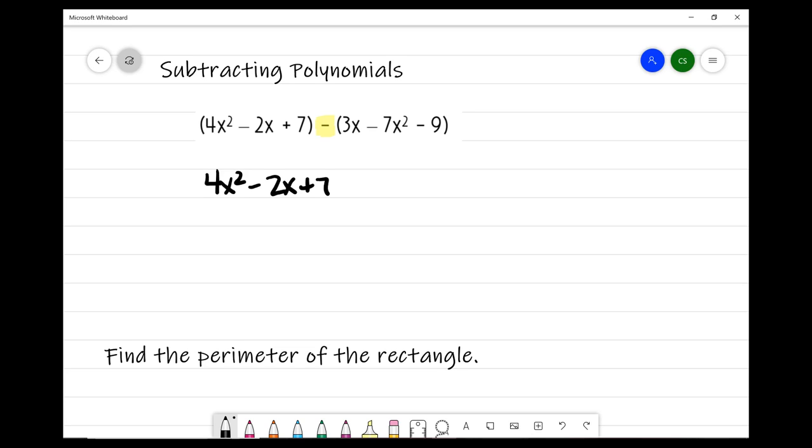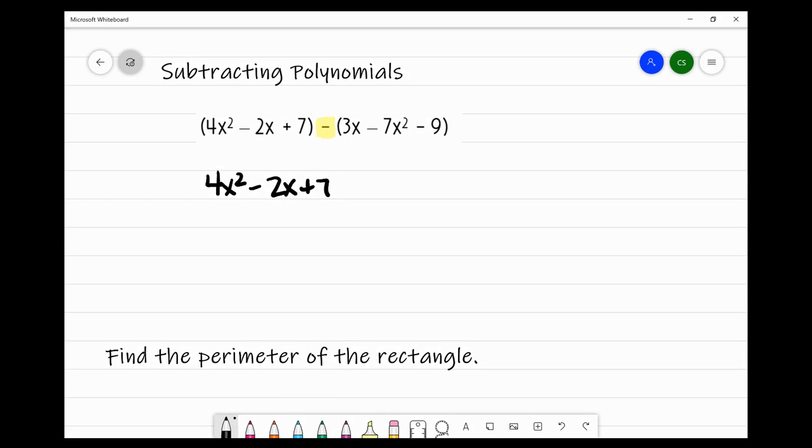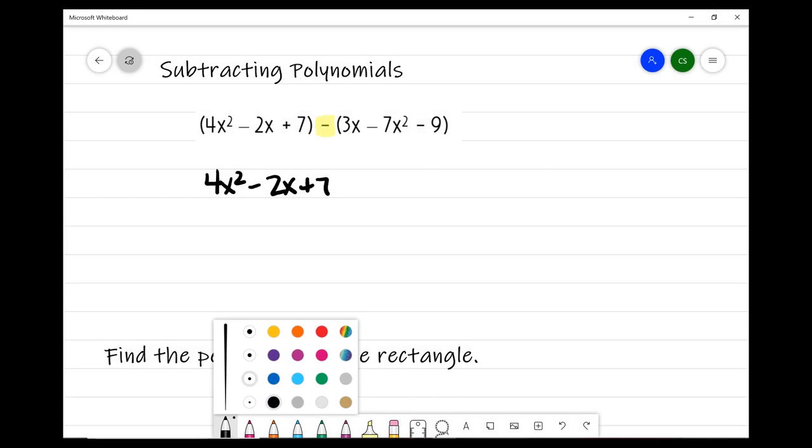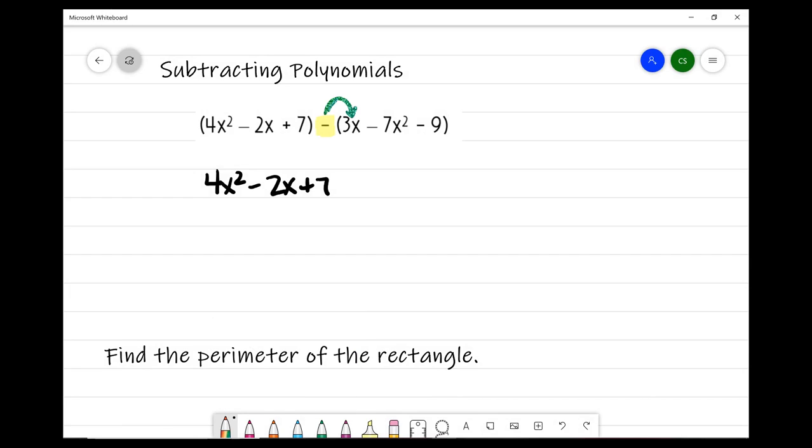Can't do that. So what I must first do is distribute. I must distribute this negative into everything behind the parentheses. I can't distribute the negative to the first one because it's not in front of the first one. It's only in front of the last one.